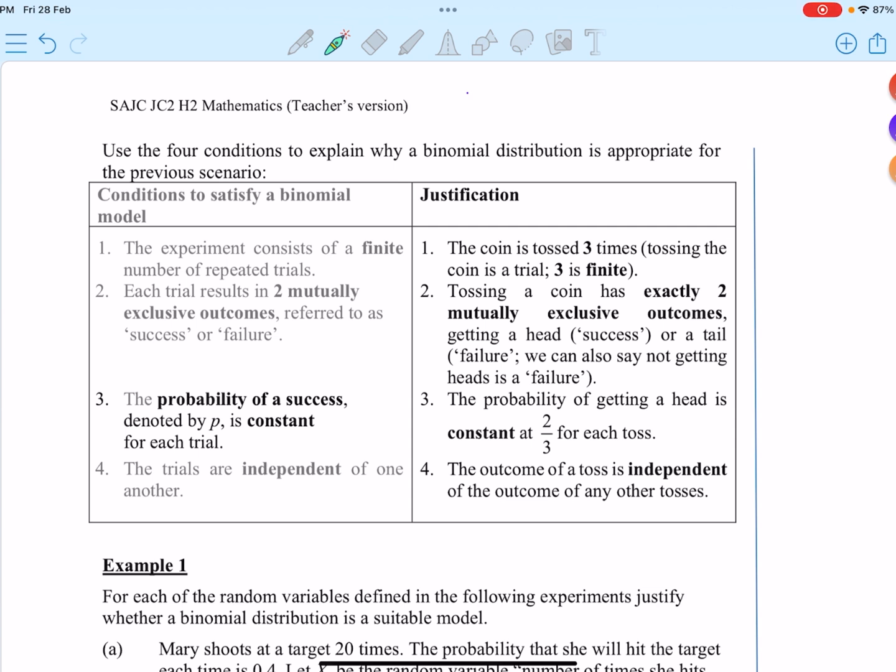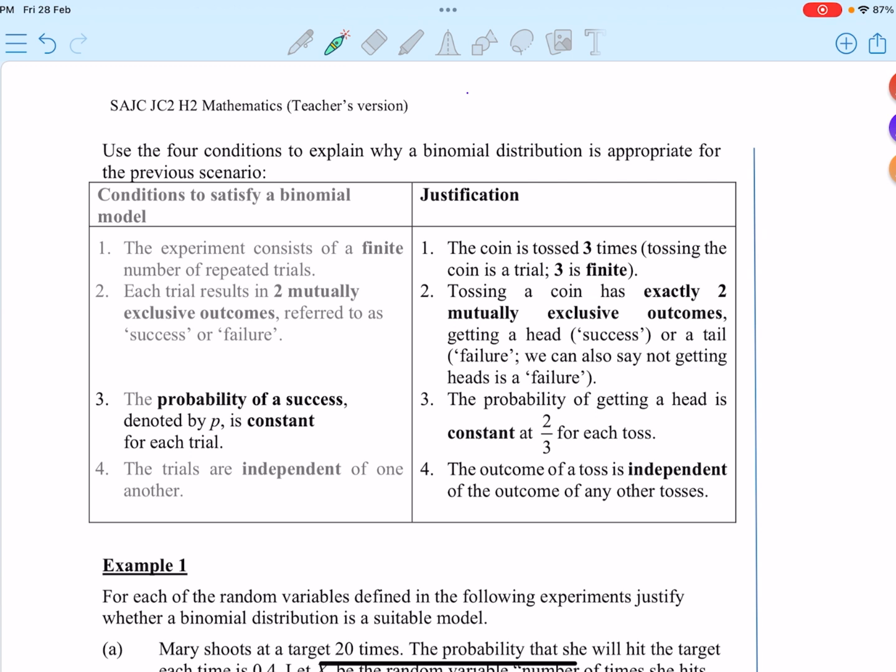It says that the experiment consists of a finite number of repeated trials. So what is the repeated trial in the previous scenario? We are tossing the coin 3 times. So tossing the coin is a trial, and 3 is finite. So the first condition is satisfied.